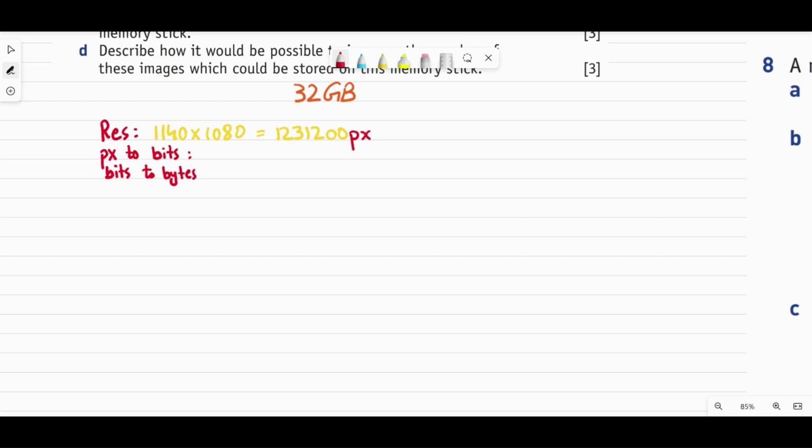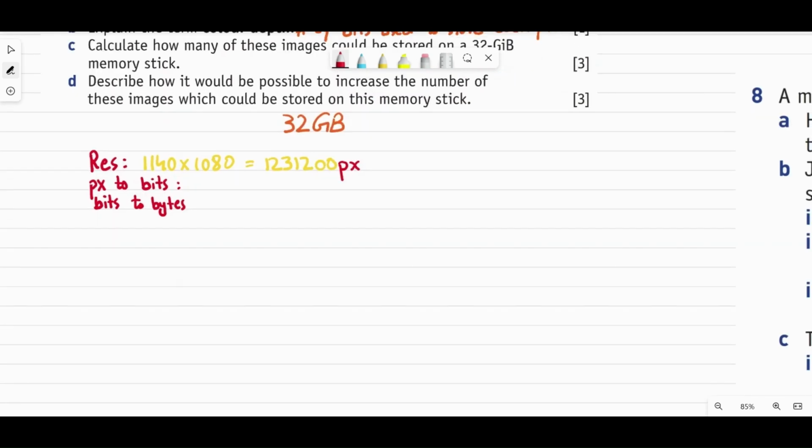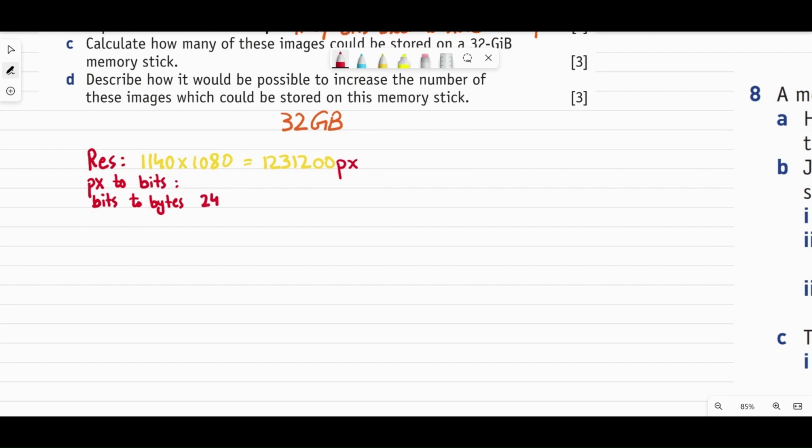So instead, I'm gonna perform the third step for now before the second step. So how many bits do we have? 24 bits. 24 bits divided by 8 to convert from bits to bytes because the jump is of 8 units. So it gives us 3.